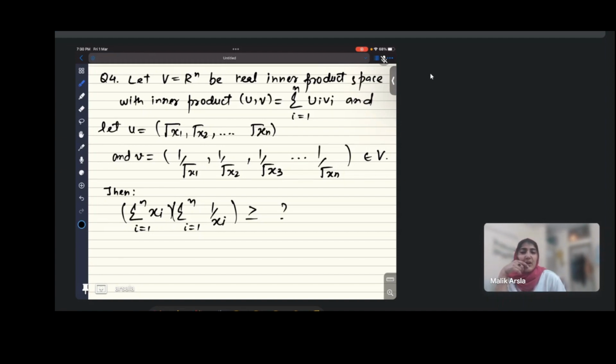Yeah, you can do that, and if you see, by doing the inner product, you will get 1 plus 1 plus 1, n times, and that will be equal to n. Then what about this inequality?